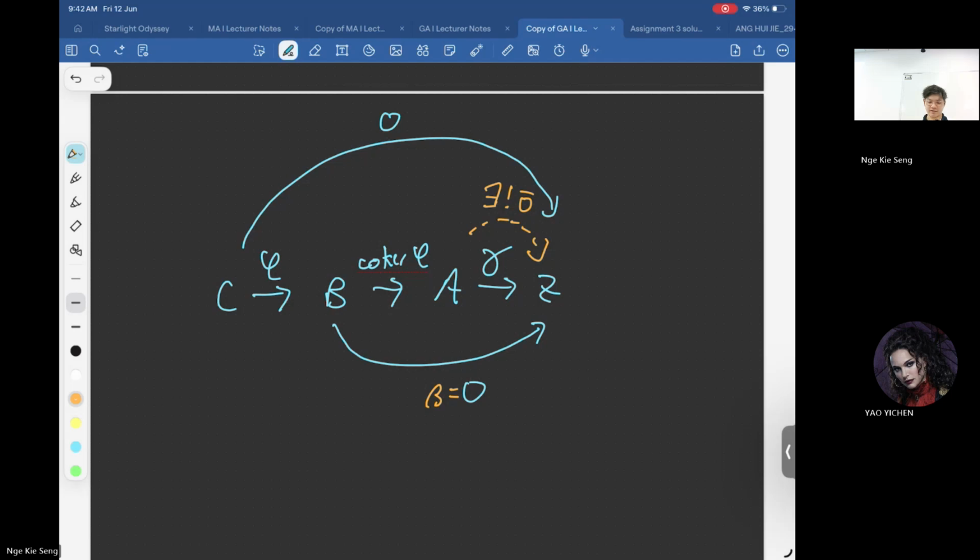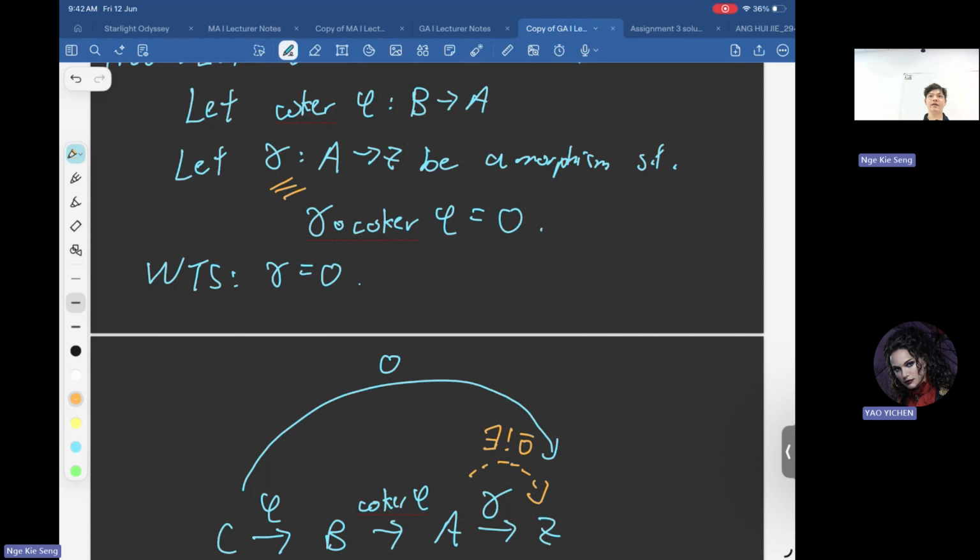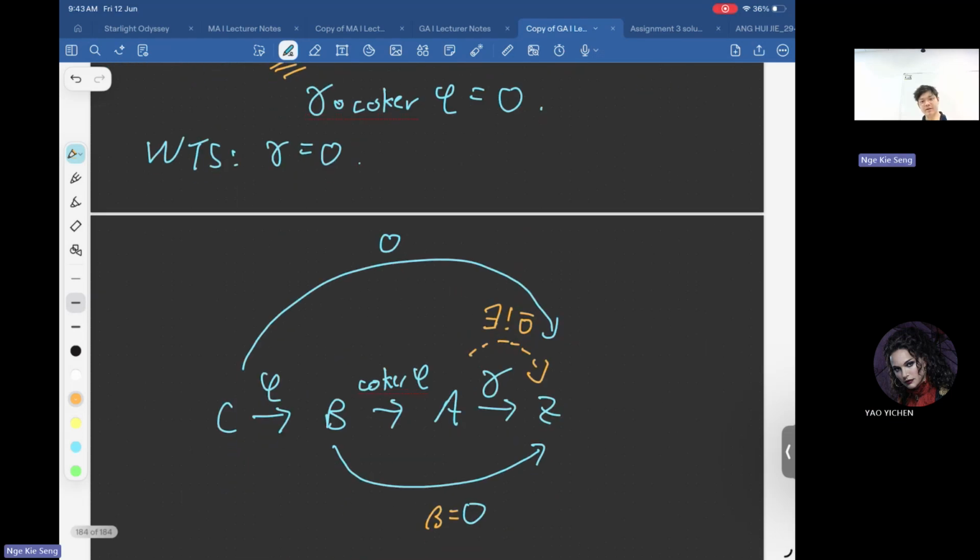Gamma is the one that the question gives. But by the co-kernel property, what can this gamma be?